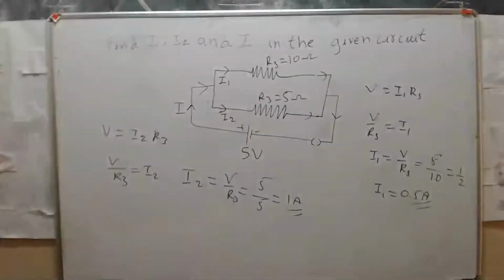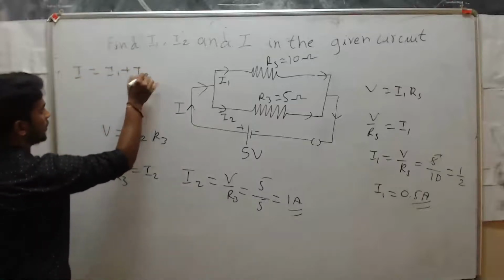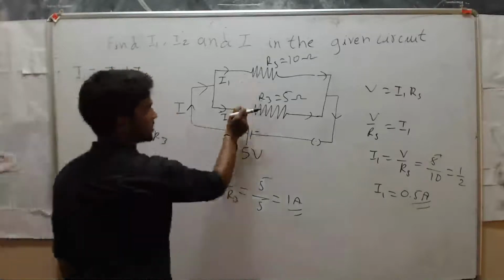Now calculate I. To calculate I, use the formula I is equal to I1 plus I2, because now these two resistors are in parallel.